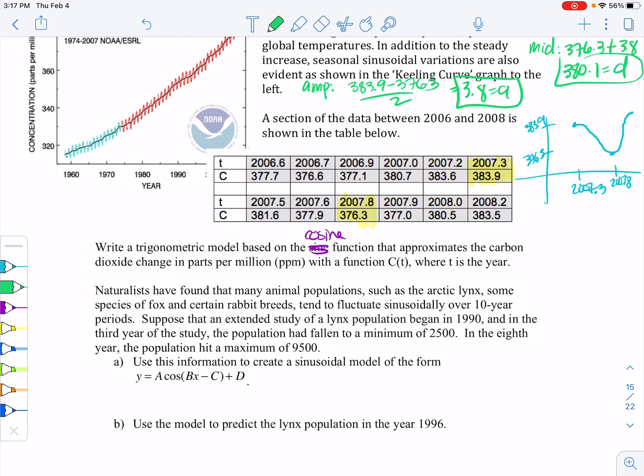Okay. To find the period change, remember the period we can find by doing 2 times subtract your x's. So if we do double the difference of the x from the minimum and the x from the maximum, we're going to do 2 times 2007.8 minus 2007.3.